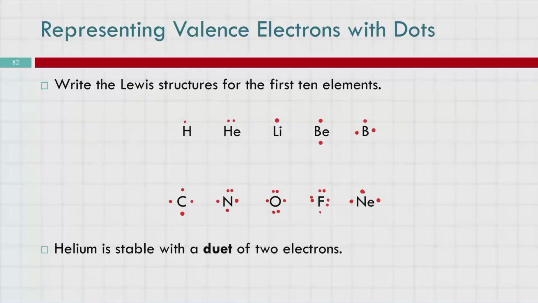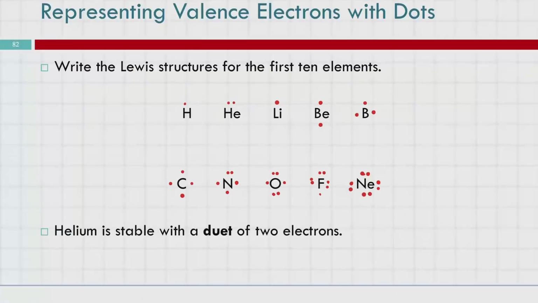And neon left no crumbs. 8. Note that helium is stable with a duet of just 2 electrons. Questions about our Lewis structures? Usually you're not going to be doing a series, so you won't fall into this trap, hopefully.